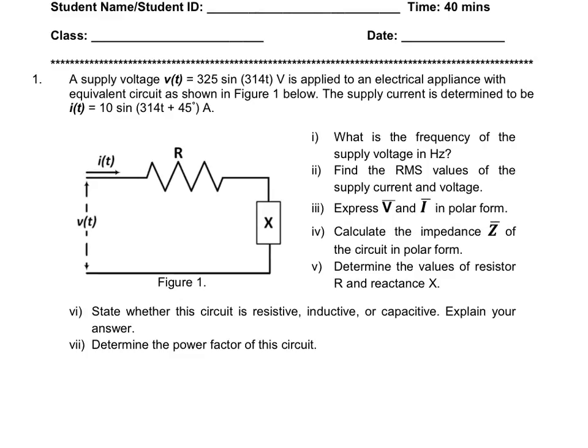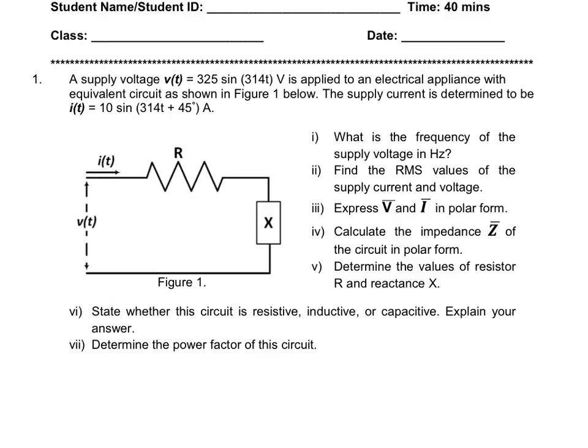The supply voltage Vt equals 325 sine 314t volt is applied to an electrical appliance with the equivalent circuit as shown in figure 1 below. The supply current is determined to be IT equals 10 sine 314t minus 45 degrees phase angle.